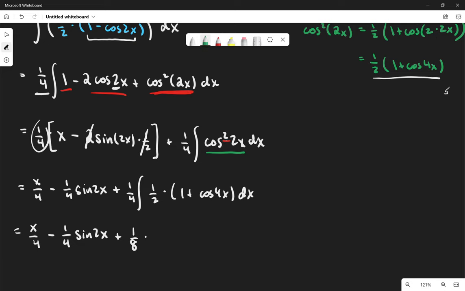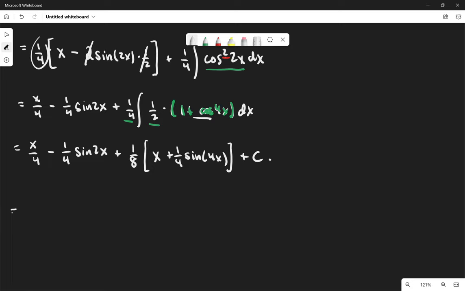I'm going to do it without writing. I'm going to integrate this thing in green, because I've taken care of these two constants. Integral of 1, got to keep my parentheses, is x. Integral of positive cosine is positive sine. But because I have 4x, I got to divide out here. And here we go.